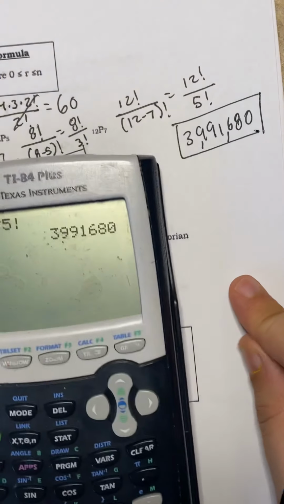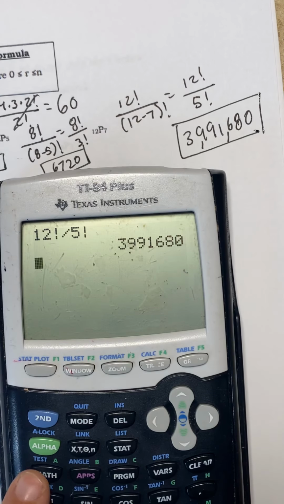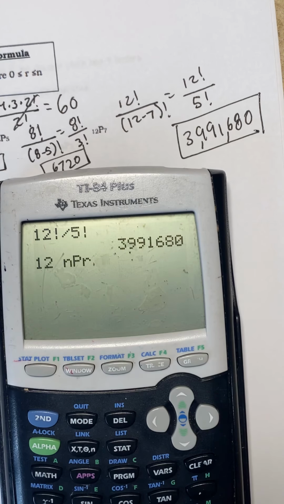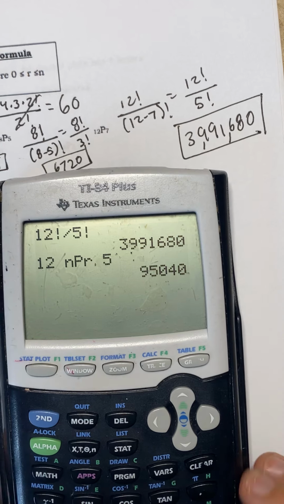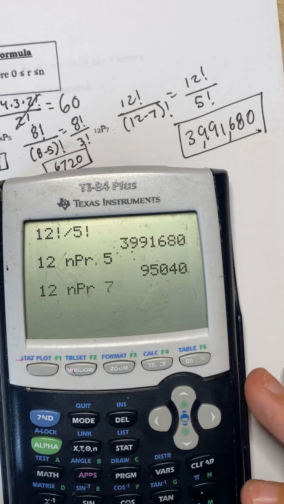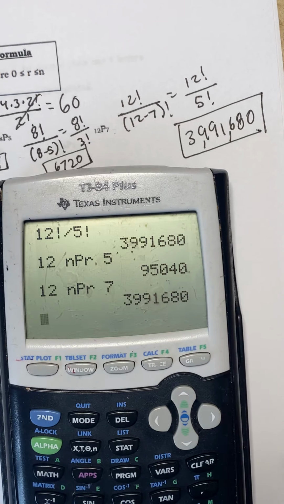Okay, and again, you can hit 12 math, go to that NPR option, and then hit 5. And oops, what's going on? Oh, because I did 12, choose 5. I meant 7. There we go. Same answer. Okay.